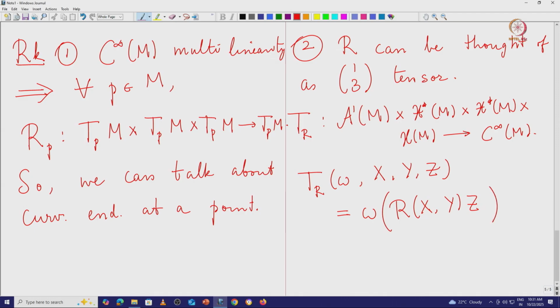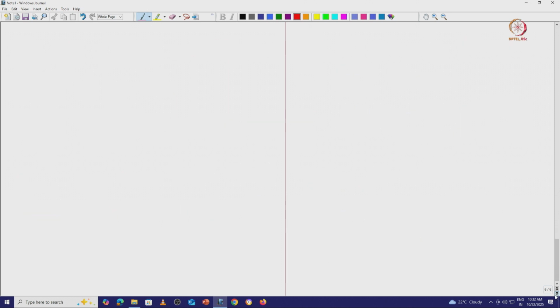Because of C infinity multilinearity, one can check that TR is in fact a 1,3 tensor. So from now on, I make no distinction between TR and R.